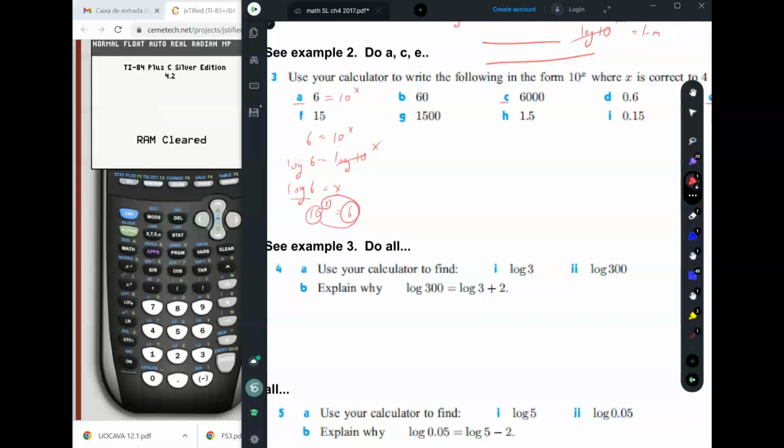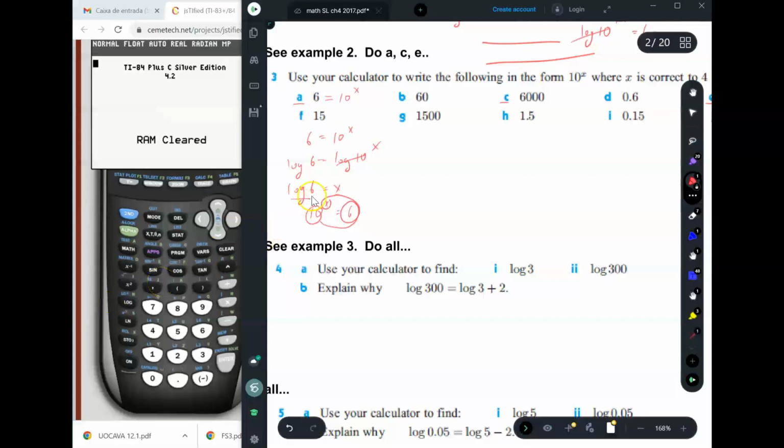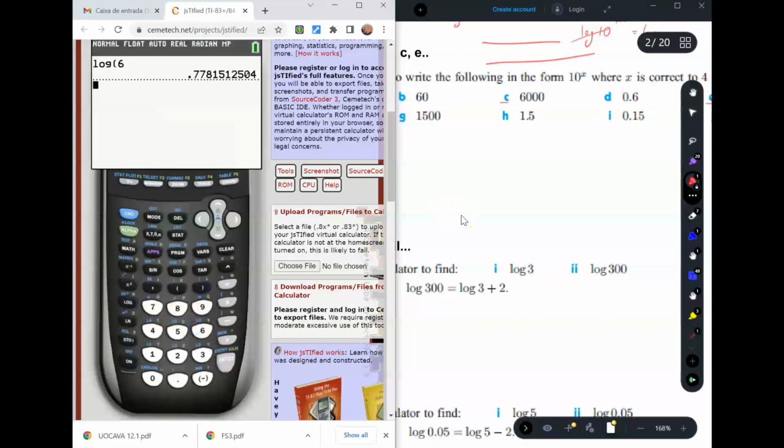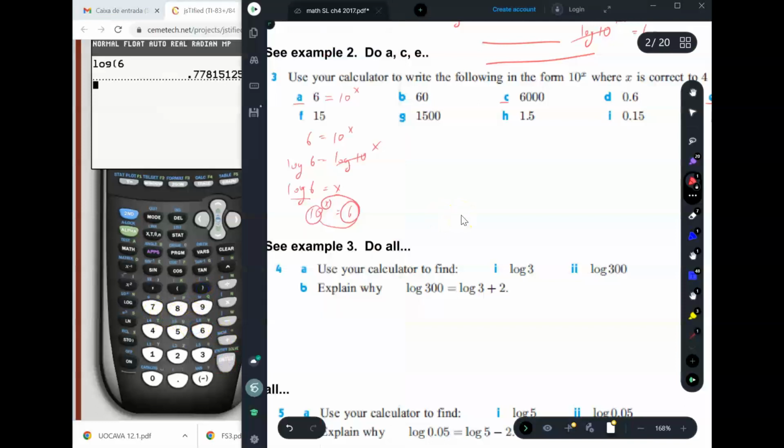Okay? So how would we find the numerical representation of log 6? We would just do log 6, which is 0.7782. Okay, let's do 6,000.